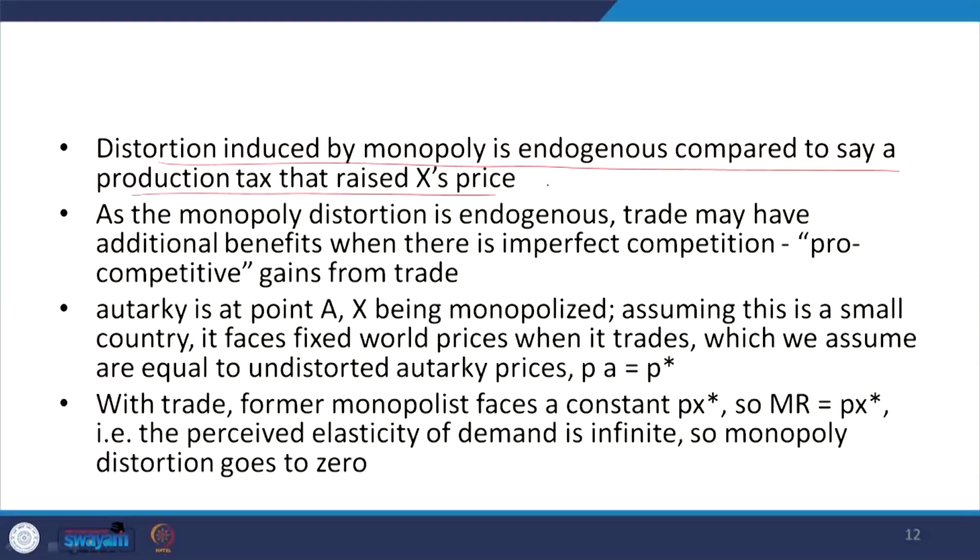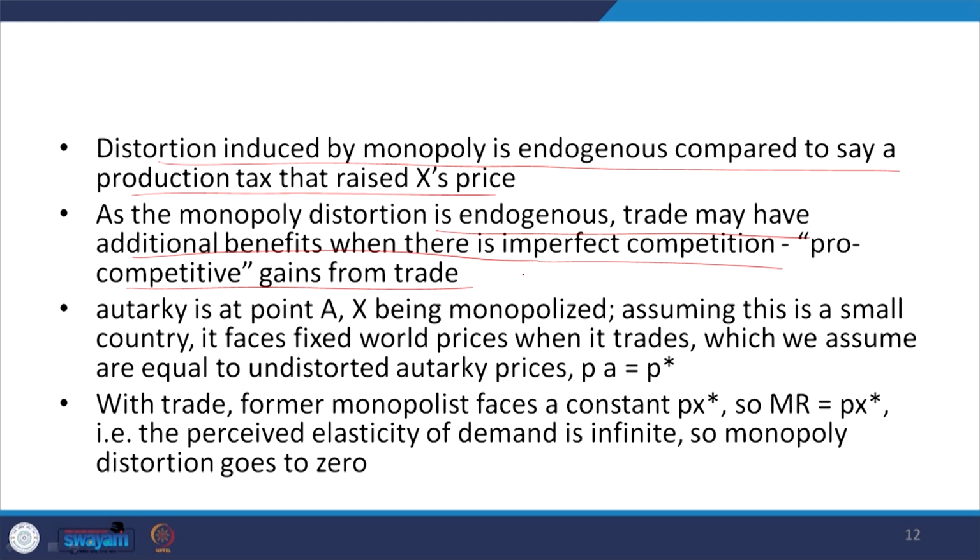Often many firms endogenize monopoly power to differentiate their product, but after trade that gets neutralized for the consumers as well as the producers, because producers get a larger market and consumers get different varieties of products. So, as the monopoly distortion is endogenous, trade may have additional benefits where there is imperfect competition. Pro-competitive gains arise due to trade.